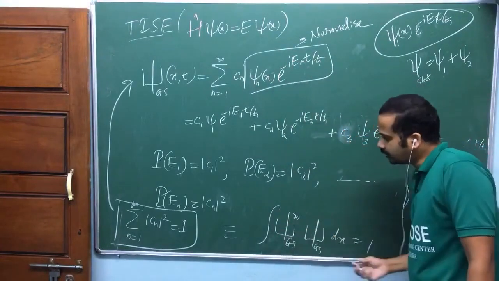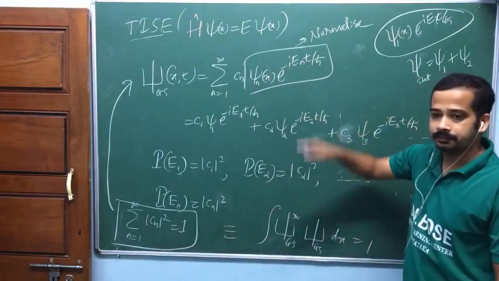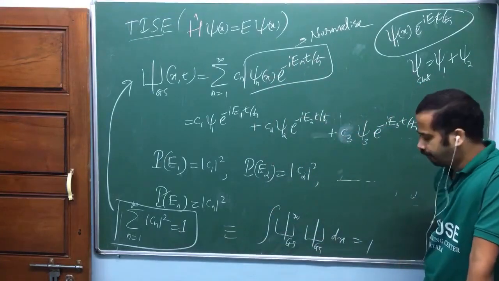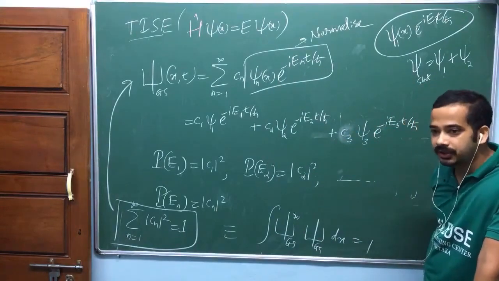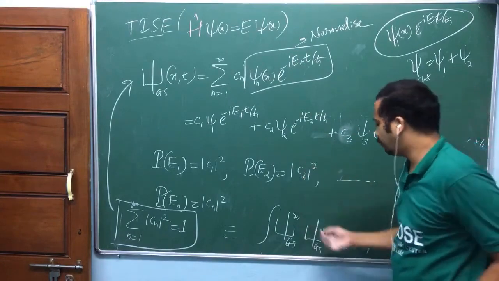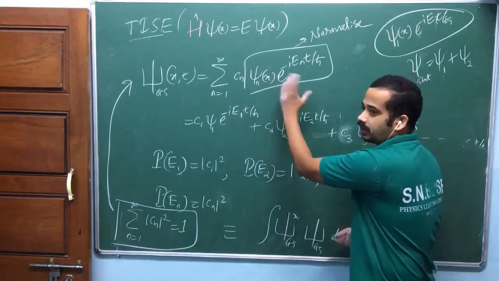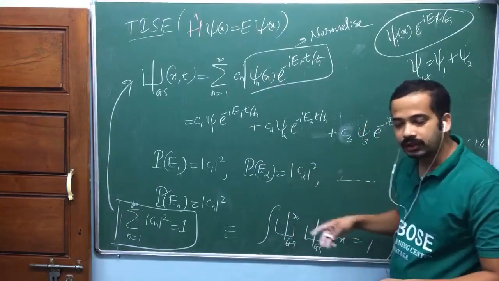But we can show that this is equivalent to this one. This will turn out to be like this. These are normalized. We also have terms like C1, C2, Psi1, Psi2 to the power minus. That integral will be 0. We have one more property there. When you multiply these two, you will get a Psi1, Psi2 term, isn't it? C1 star, C2 like that. Those integrals will be 0.